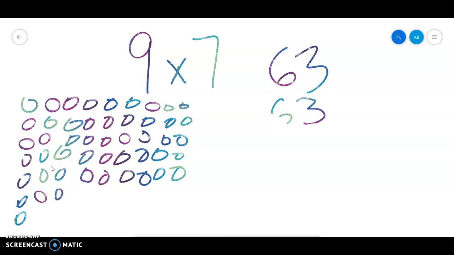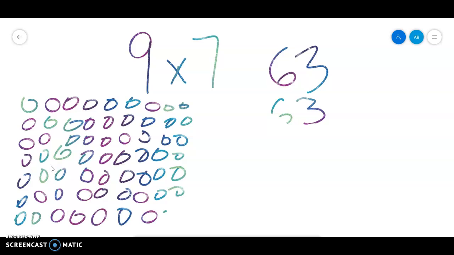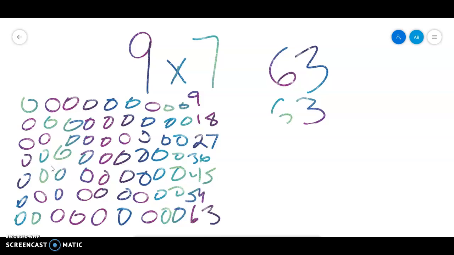But on my paper, I counted it a kind of different way. I didn't just count in my head. So I know there's 9 here, and then plus 9 more, plus 9 more, plus 9 more, plus 9 more, plus 9 more, and 63. Okay, thank you so much, Chloe.